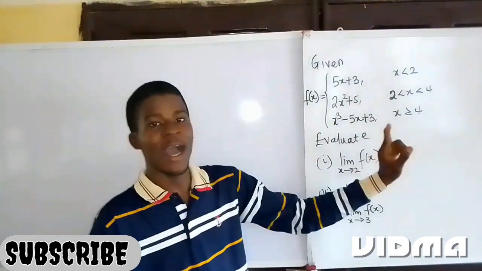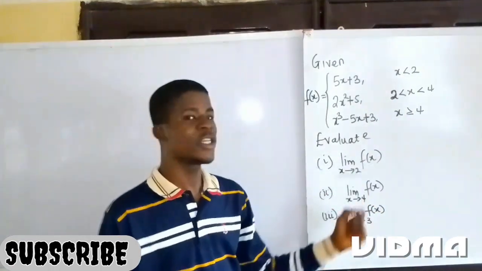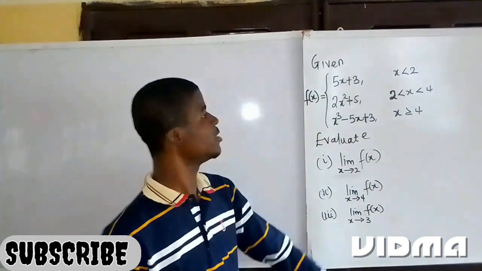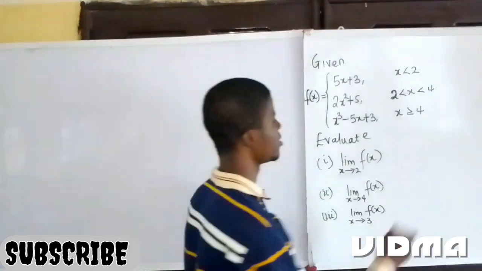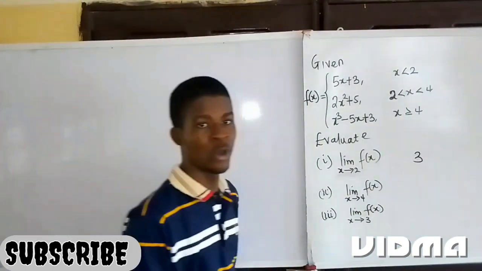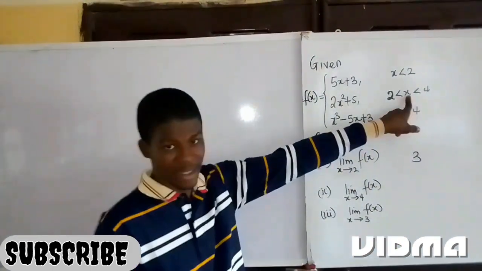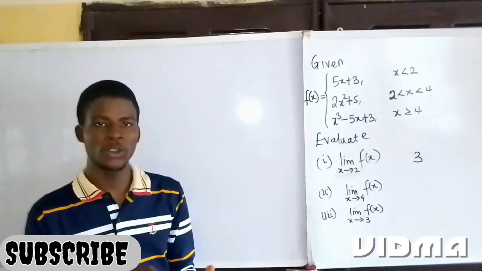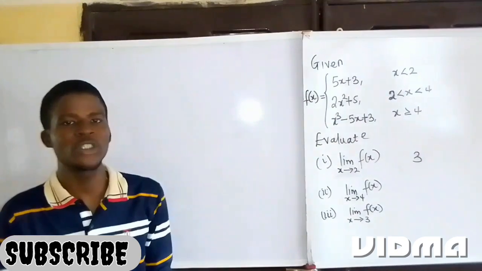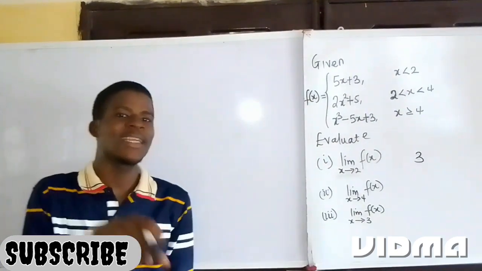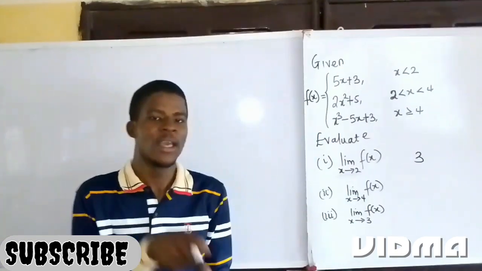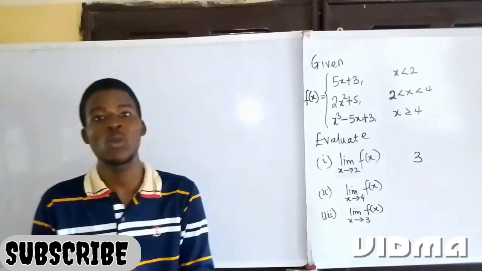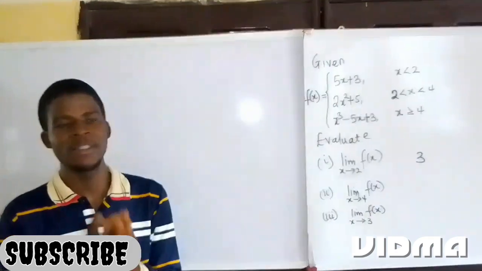But I can see an interval in which 3 is a member. So 3 lies within this interval. Now take note of this: the limit of a function as x approaches a certain value that lies within an interval exists. That is, the left hand limit must be equal to the right hand limit, and the limit exists.